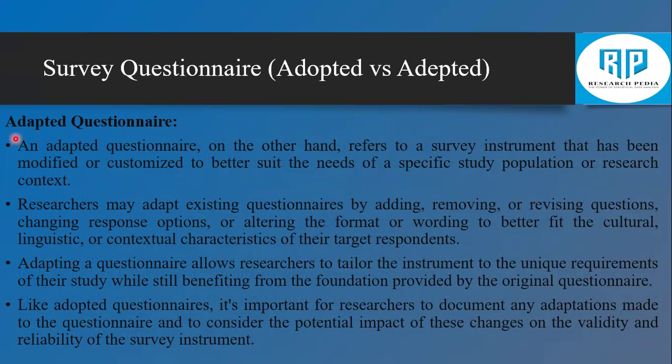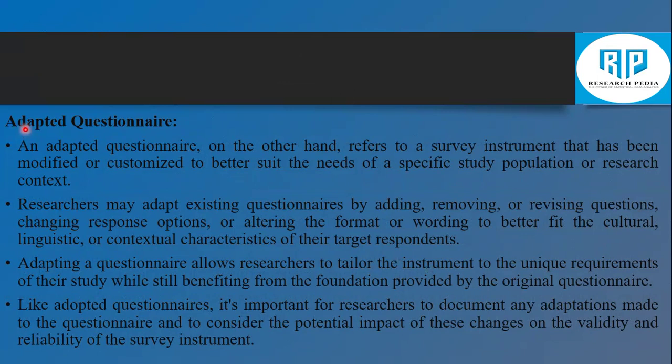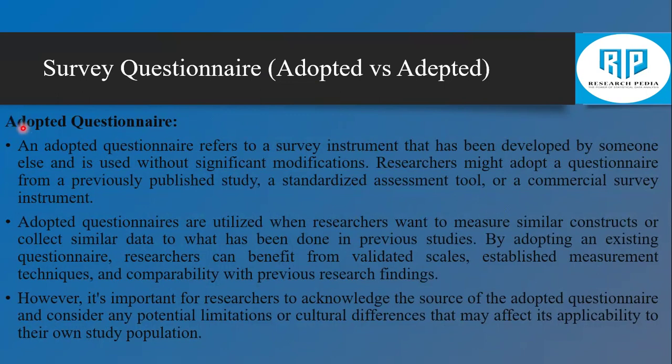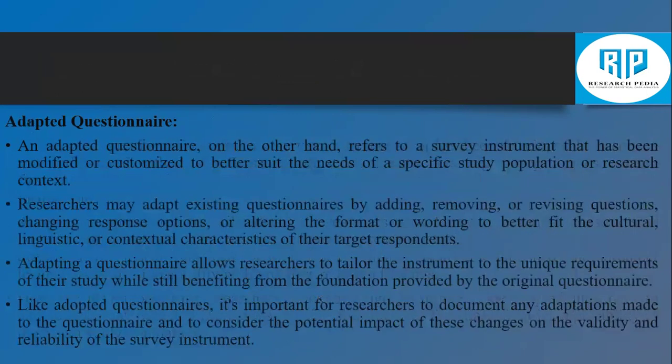The basic difference is between A-D-O-P-T and A-D-A-P-T. In the previous case, we have O after D. So in case of adapted questionnaire, you are going to use a questionnaire which is developed by someone else with significant modification. It means that a major part of that questionnaire you are going to change as per the requirement of your study. So that is adapted questionnaire.